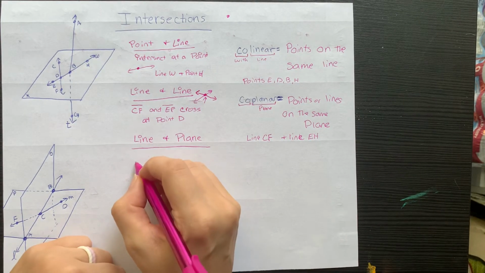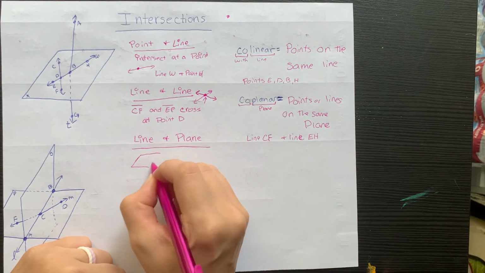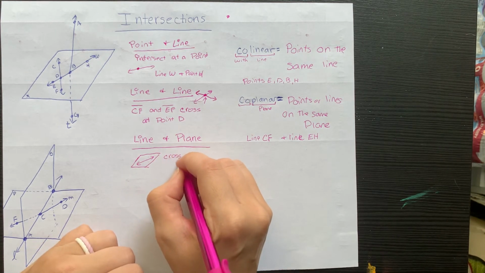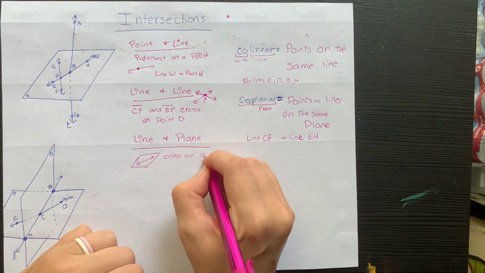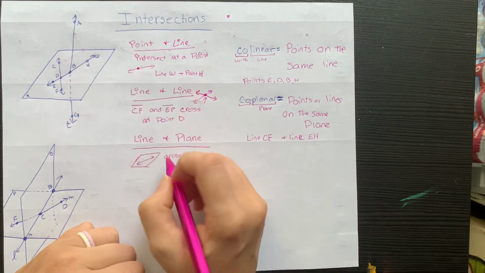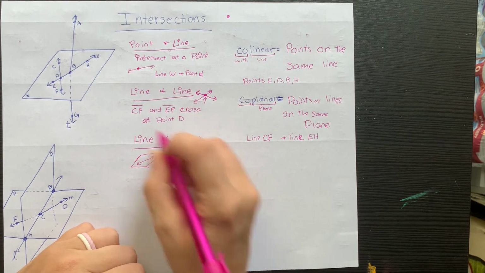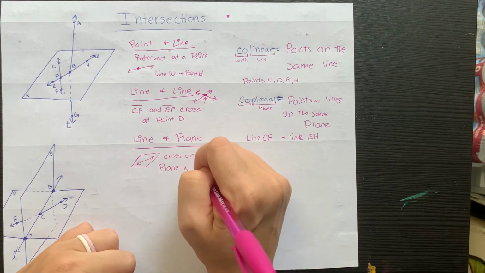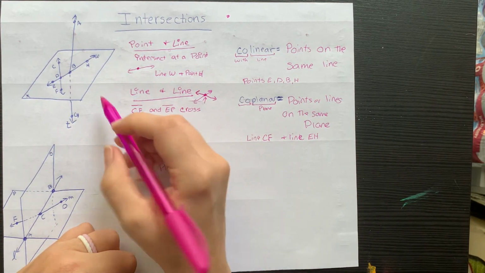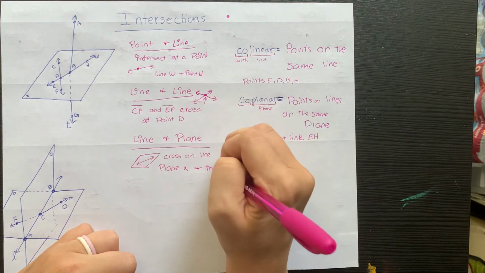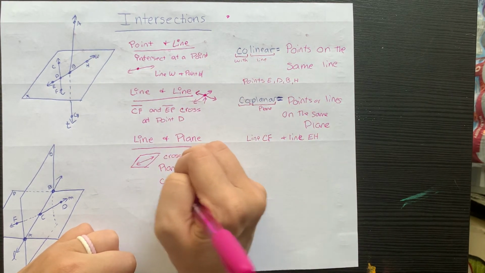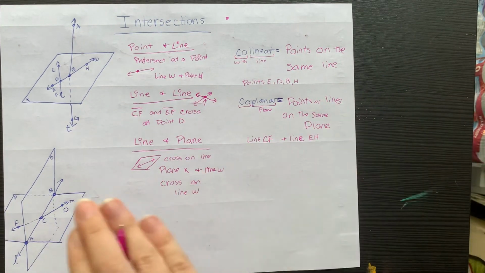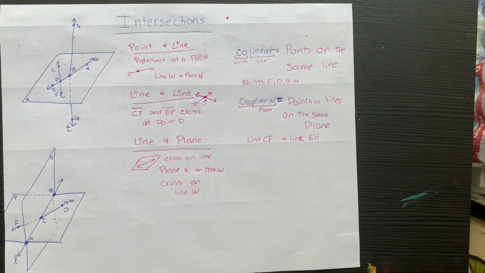Right? So in that case, they would cross at a line. So like here, this is called plane X, and line W cross on line W. All of line W is laying on the plane.